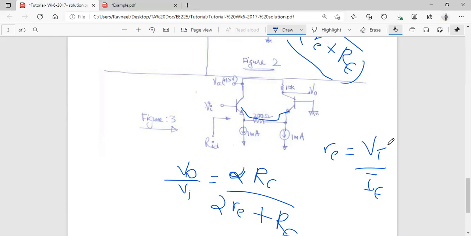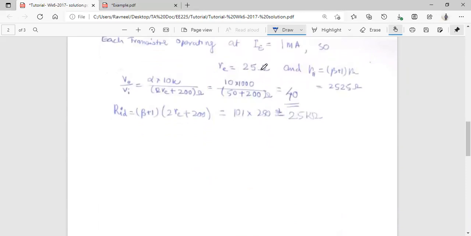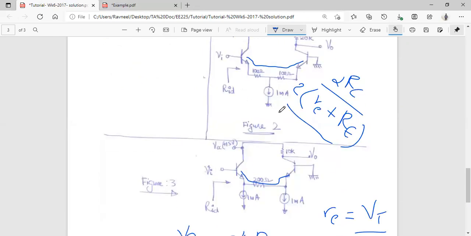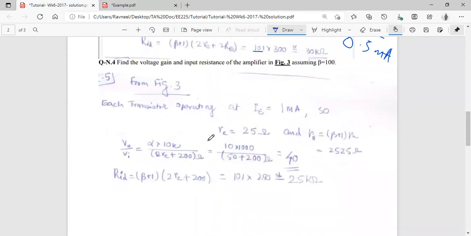Our VT is 25 millivolt divided by 1 milliamp. That is going to give me 25 ohms. Using this formula, we get our small RE value, that is 25 ohms.